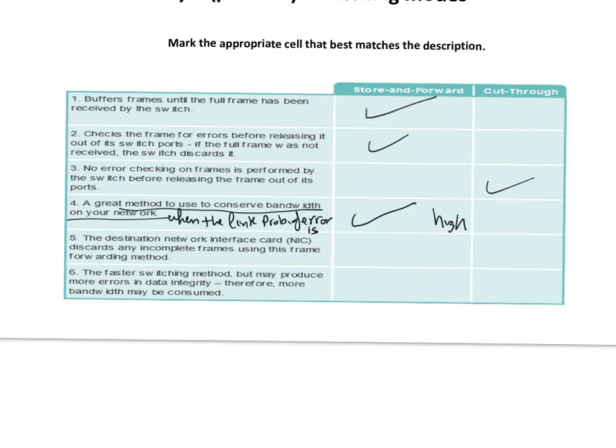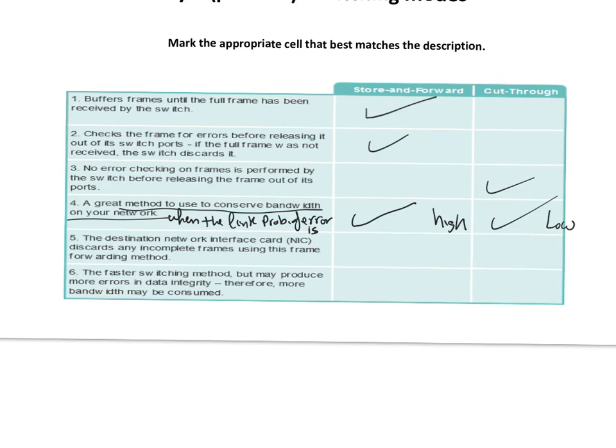But if the link probability of error is low, it's better to send things fast so that you can conserve and utilize the bandwidth efficiently. So this statement is actually vague, because conserving bandwidth here means two things: sending fast, but without errors. And these are two conflicting objectives.